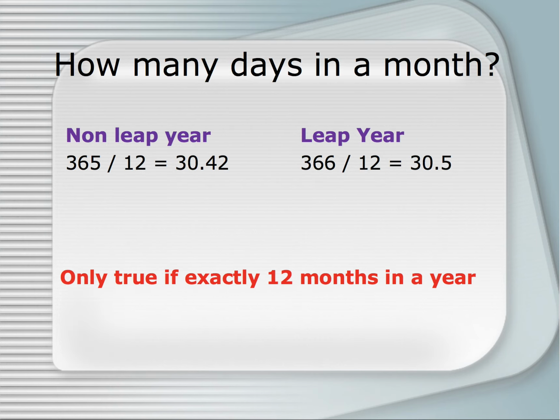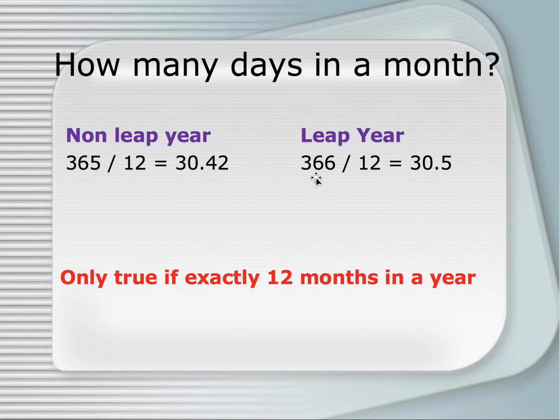But a couple of questions for you, again, to try and understand what we should do when we read the Bible and have a reference to a month. How many days are in a month? Now, in a non-leap year, 365 days divided by 12 is 30.42.